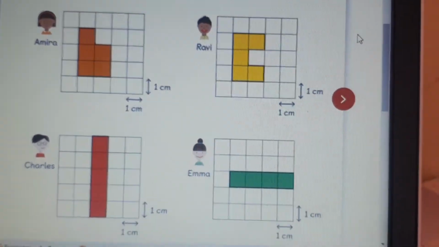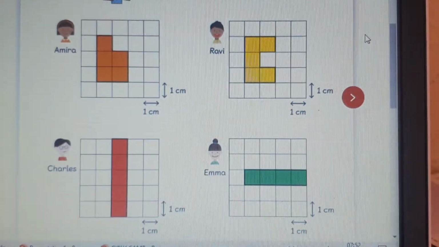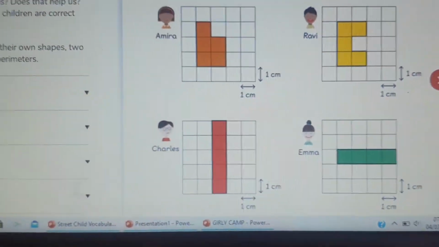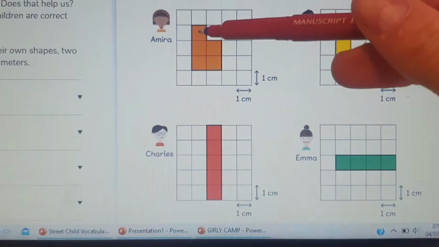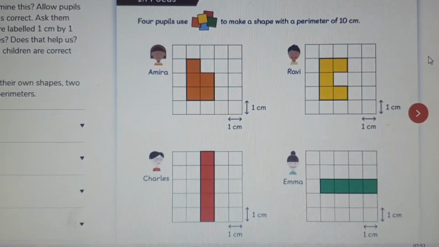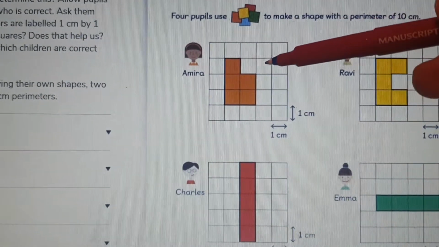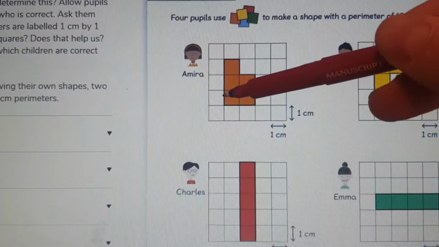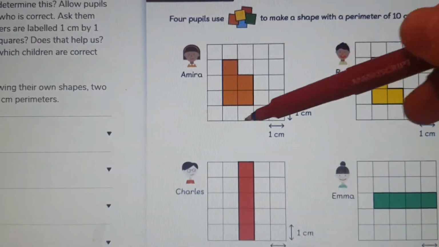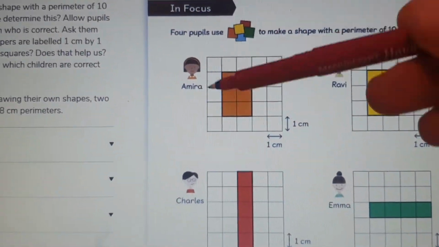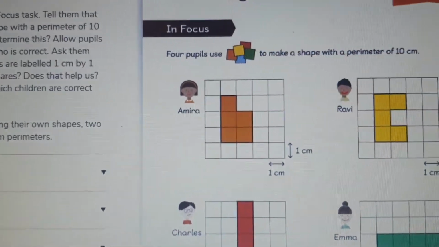Predict by having a look. Now yesterday some of you would have said, well that one is 5. But that's wrong. That is 1, 2, 3, 4, 5, 6, 7, 8, 9, 10. So Amira has 10 centimetres for her perimeter.